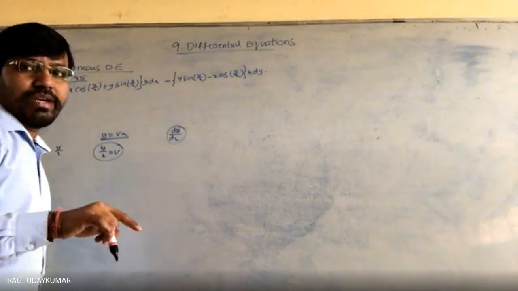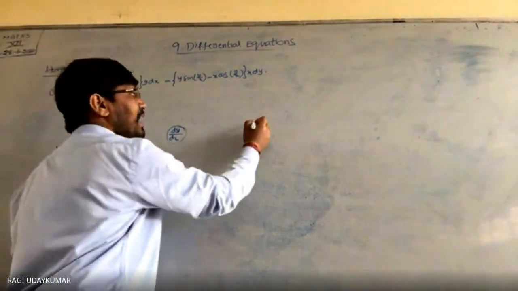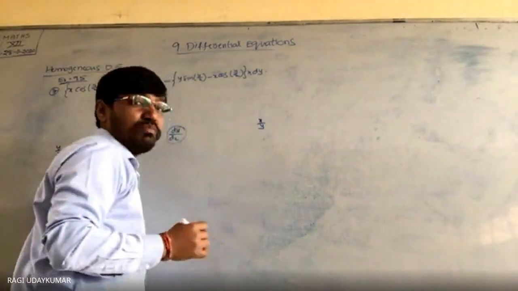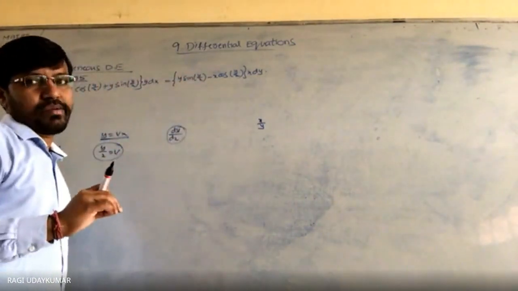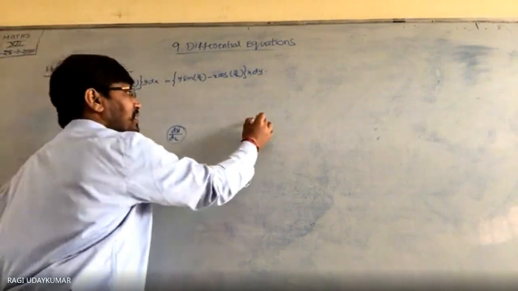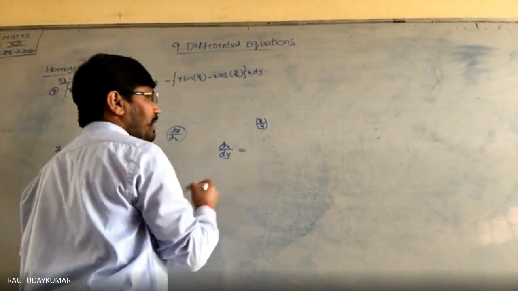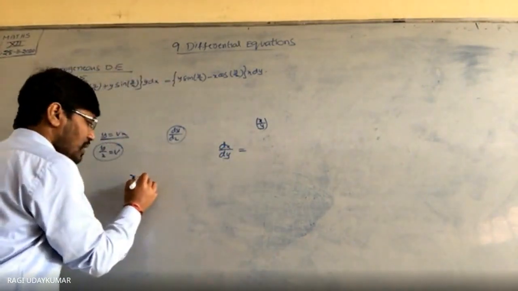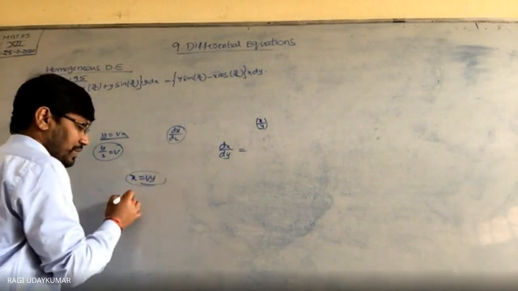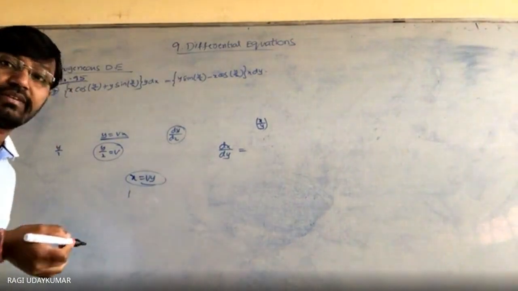But in some differential equations, you may have x by y, and you cannot change it. In that situation, we take dx by dy, and replace x is equal to vy, differentiating with respect to y.